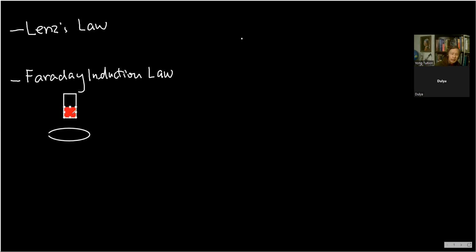That is a permanent magnet, with north here and south here. Now this coil is made of a conductor. If you put an ammeter here, there's no battery. It's just the ammeter connected with this loop.